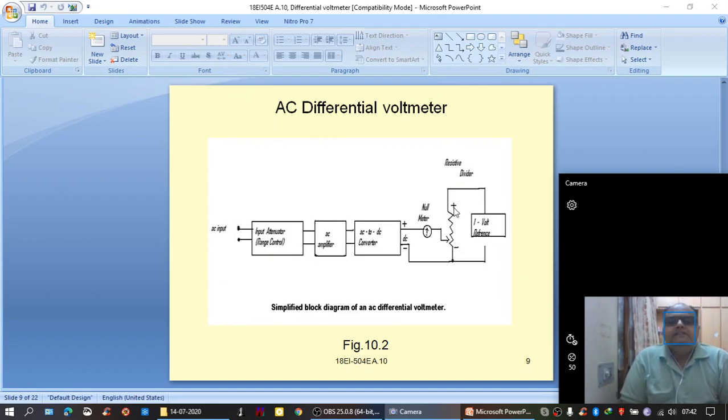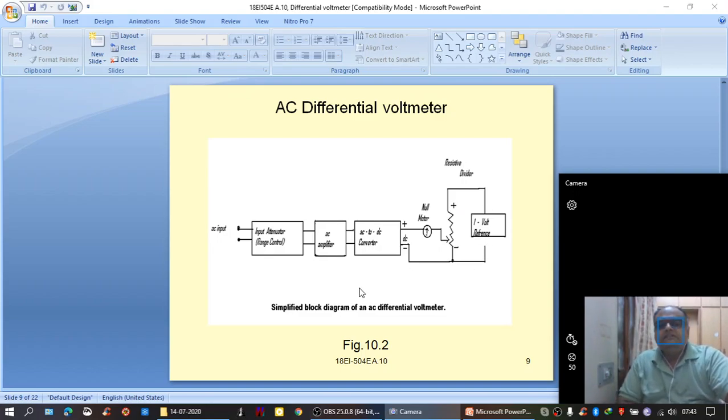Next one is AC differential voltmeter. That is differential voltmeter used for AC applications. So in case of AC differential voltmeter, additional circuitry is employed in addition to the original DC potentiometer circuit, in order to convert the AC signal into DC.